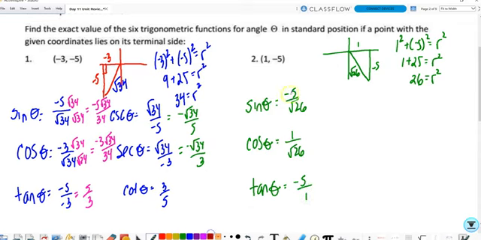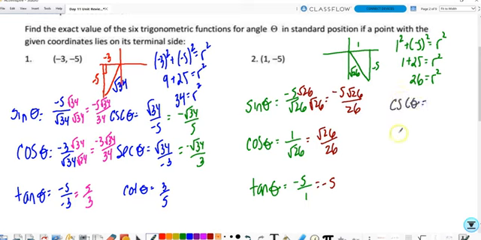Let me fix these up. Rationalize the denominator. And we can simplify that just to -5. All right, reciprocals. This is going to be root 26 over -5, so negative root 26 over 5, root 26 over 1, or you can write just square root of 26, and here, -1/5.